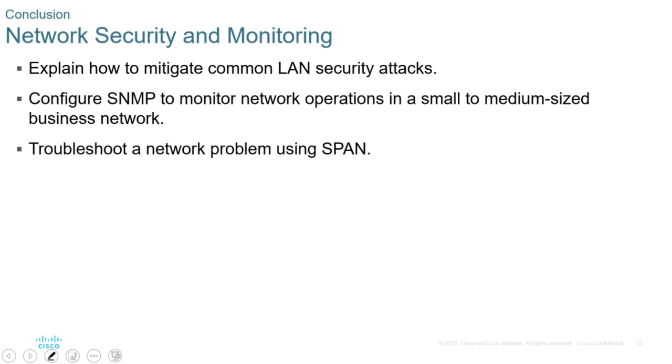When we think about building larger network environments, one of the important aspects we have to consider is security. In today's lesson, we briefly touched upon some common LAN security attacks and some ways of mitigating them, and also some approaches for monitoring and managing these network devices.